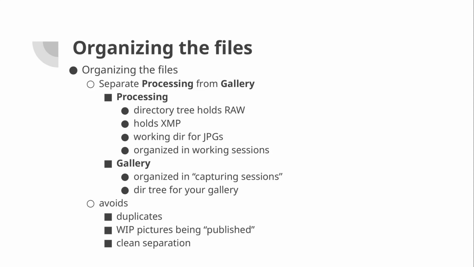The gallery should be organized in capturing sessions. This is the directory tree for your gallery, which you publish using PhotoStructure, PhotoPrism, or whatever you want. So this avoids duplicates of the raw files, and it also avoids having the work-in-progress pictures being published into your gallery. It's a clean separation. I strongly recommend that.